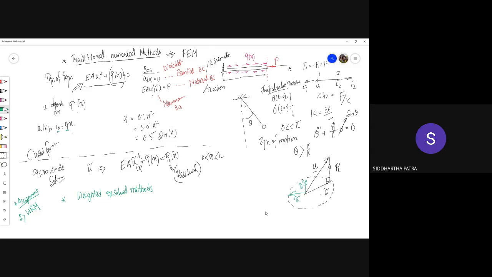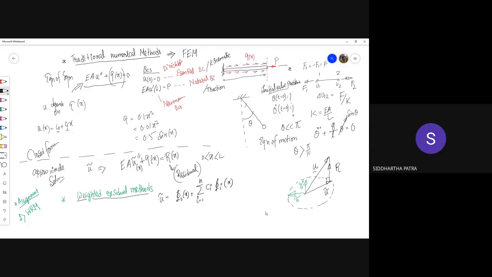Okay. So what is done in a weighted residual method? Let's say u tilde is defined as phi 0, which is a function of x, plus summation over i equals 1 to n of c i phi i of x.